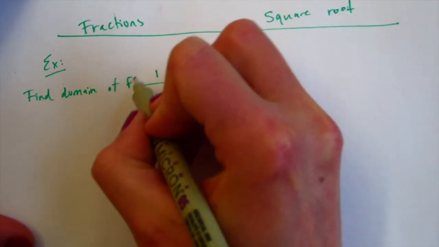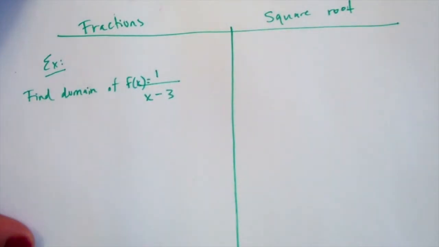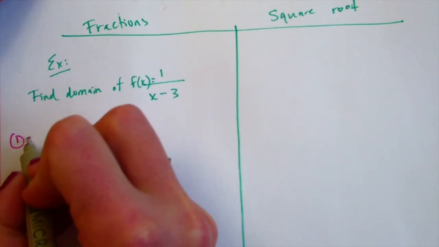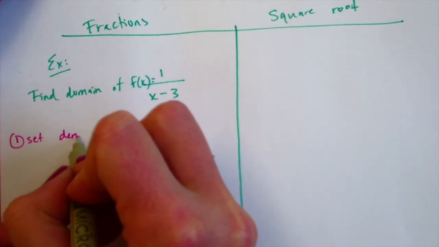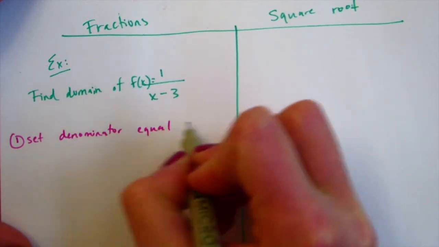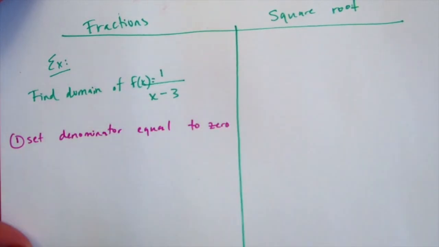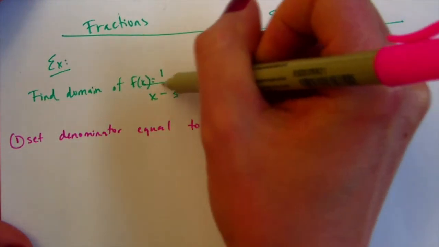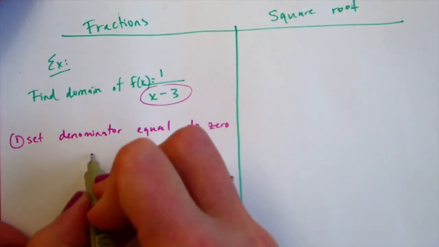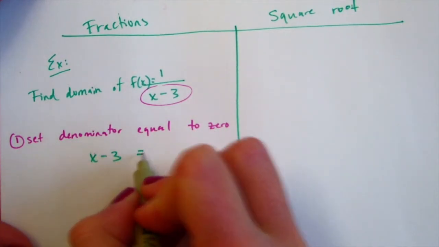So in this case, what I'm going to do is set the denominator equal to 0. I only care about the denominator of this function, which is x minus 3. I'm going to take that x minus 3 and set it equal to 0. And then my second step is to solve for x.